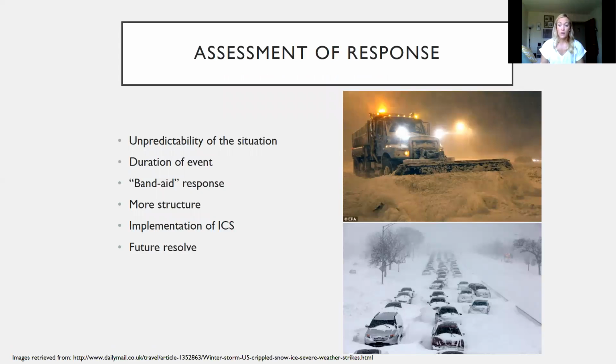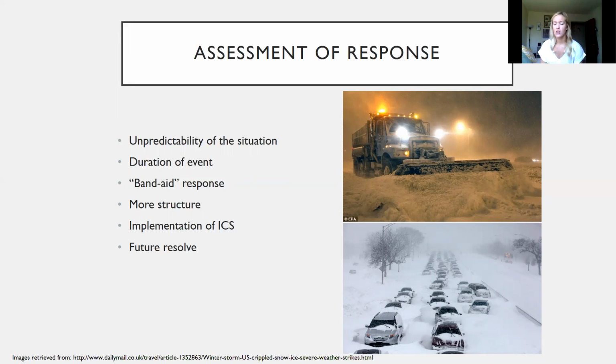Now with that, an assessment of the response: I can see where it would be difficult to establish an ICS here because of the unpredictability of the situation. The North American cold wave really lasted for a little over a year. It started in the beginning of 2013, but really they characterized the event as an extreme weather event during the winter months, but then the cold wave kind of continued on into months that we would really consider seeing warmer temperatures.